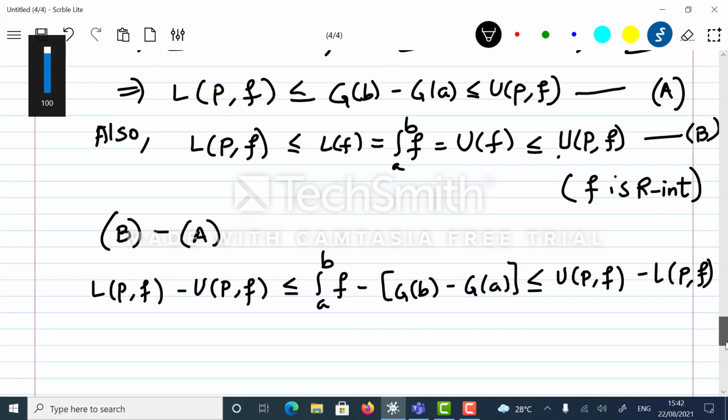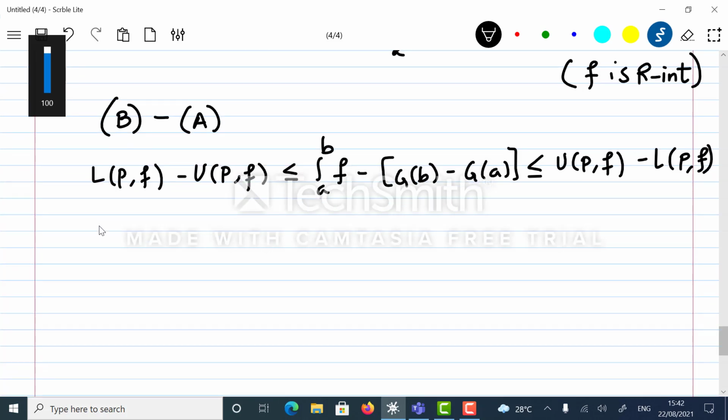Now you can see that I can take the minus sign outside, and here it is plus, so here it is minus. So this number is lying between this minus and plus.